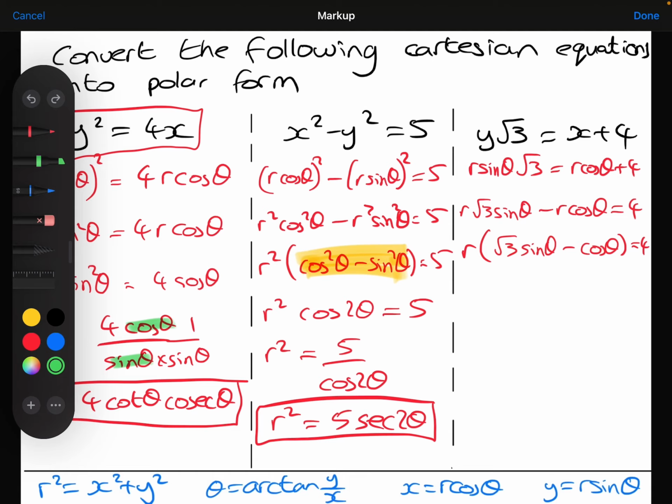So we've got a sine theta minus a cos theta. So I'm thinking about the addition formulae. And I'm thinking about the sine of theta minus something, because I know that gives a sine theta cos something minus cos theta sine something.